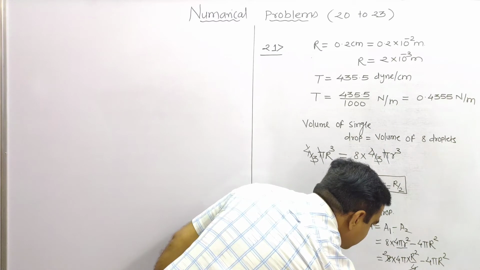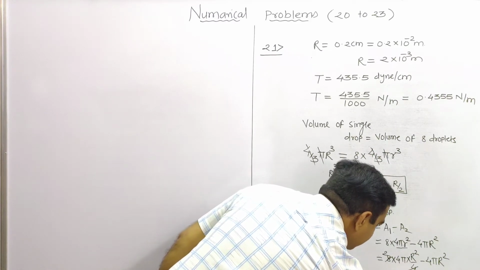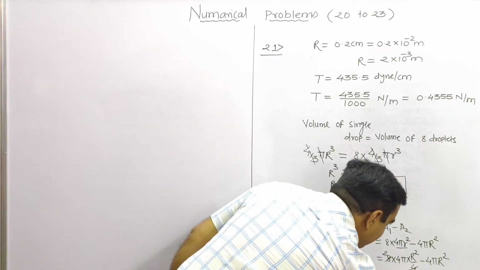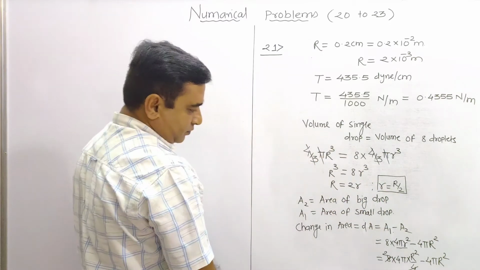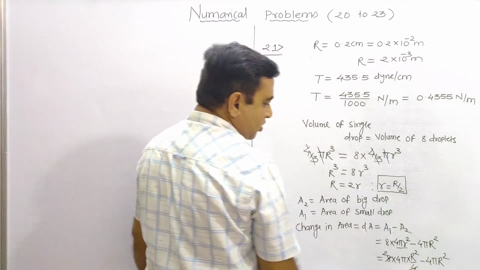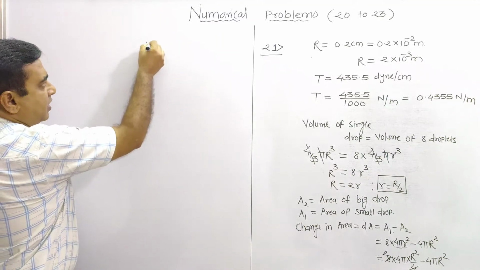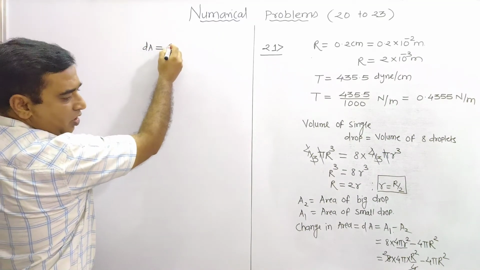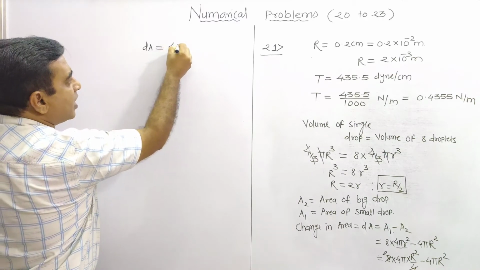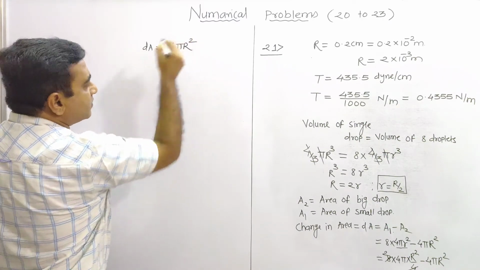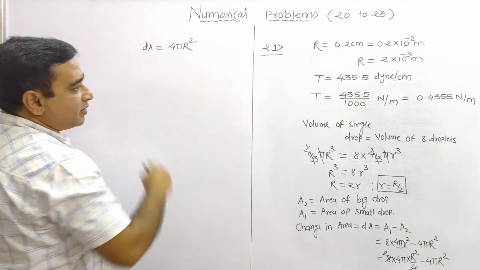That means 8 pi r square minus 4 pi r square. So it comes out to be dA equal to 4 pi r square. This is your dA.